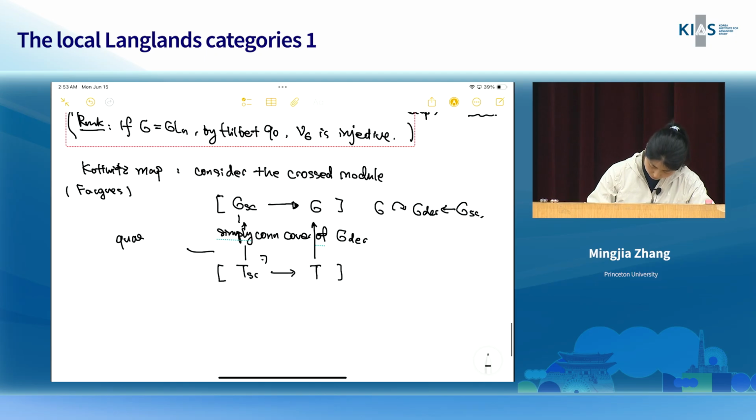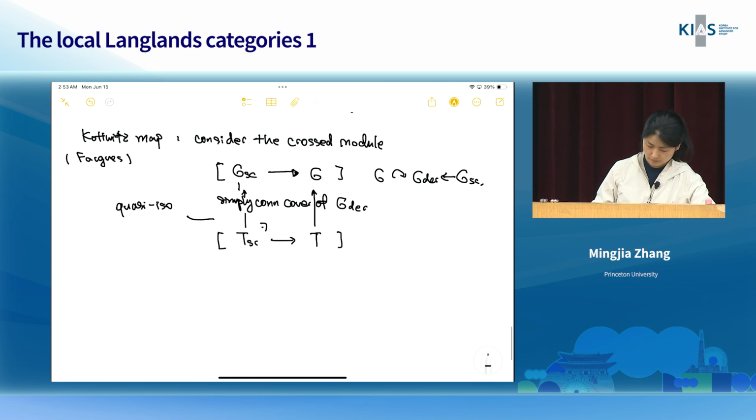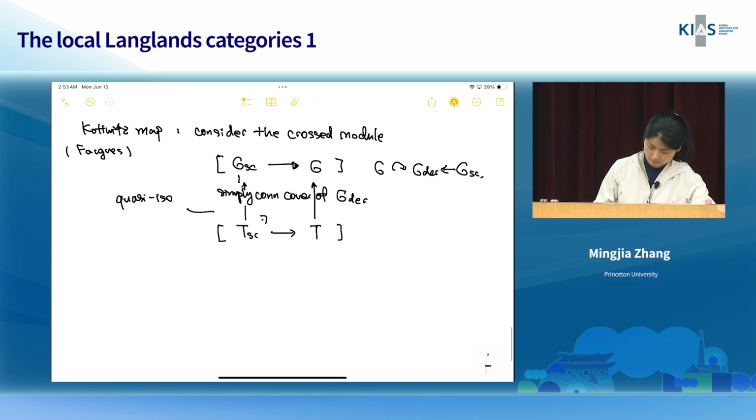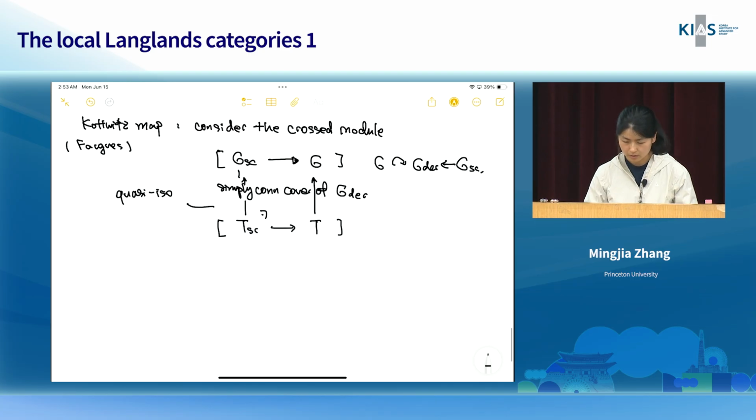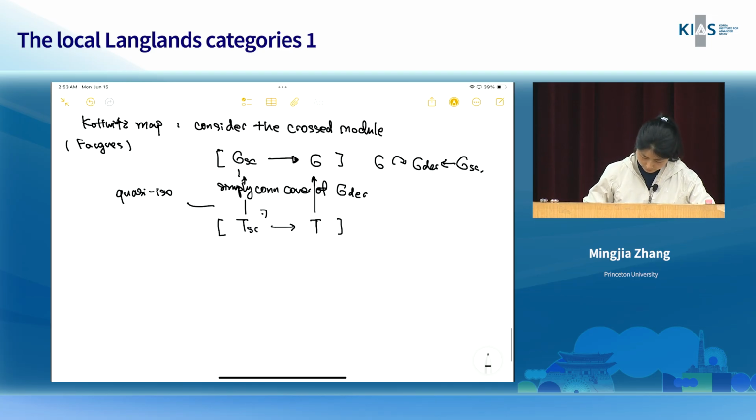You can compute or justify easily for yourself that this is actually a quasi-isomorphism, so namely it induces isomorphisms on kernels and cokernels. Therefore, we get long exact sequences from maps of crossed modules. We get long exact sequences if we look at the cohomology of G_sc and G on the Kottwitz gerb.